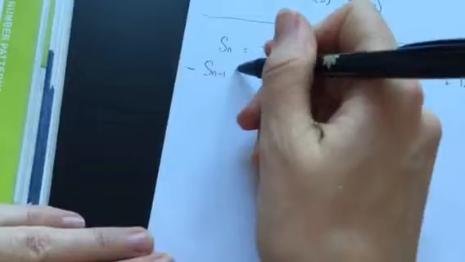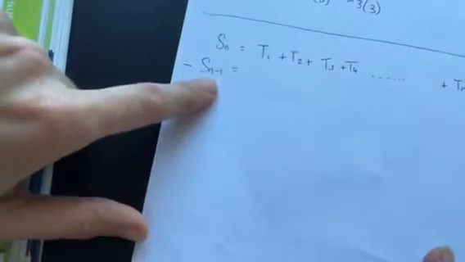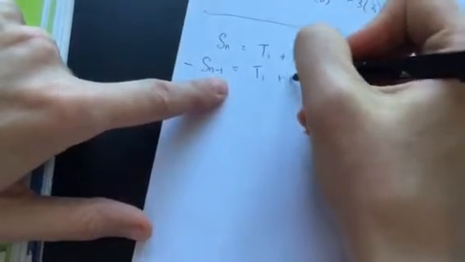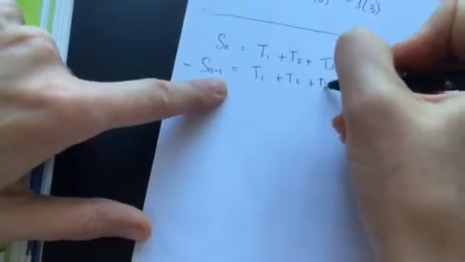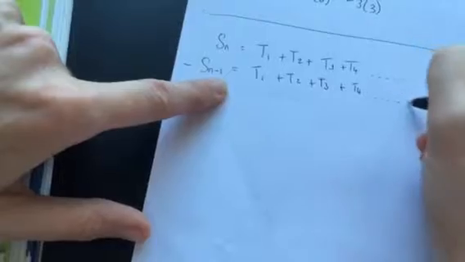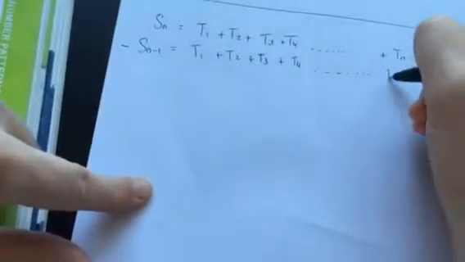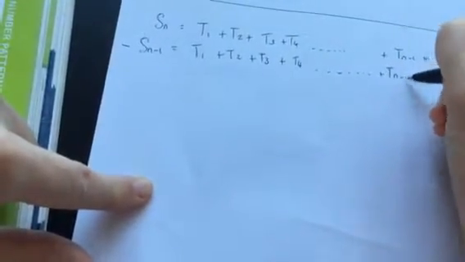If you were to subtract S(n minus 1), so before I subtract it, we need to know what S(n minus 1) is made up of. It's made up of T1 plus T2 plus T3 plus T4 all the way up as far as T(n minus 1).